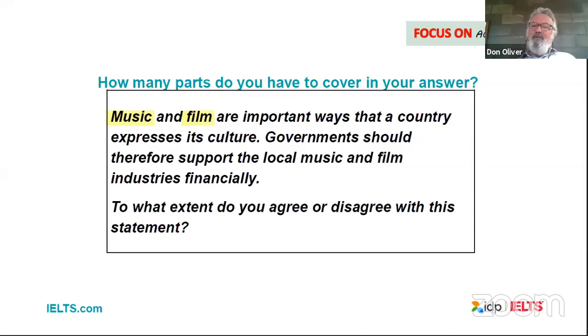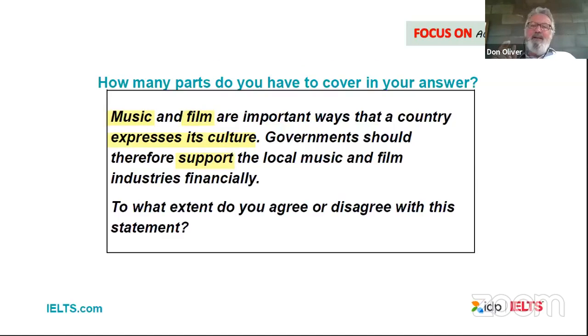We're talking about music and film not as a financial thing, we're talking about it as an expression of culture. So you have to talk about those things in those terms, how it expresses the character of a country, how it expresses the history of a country.